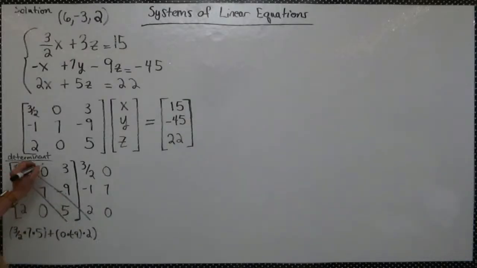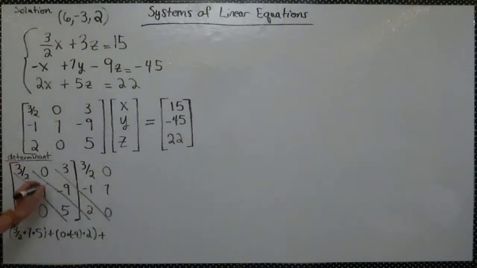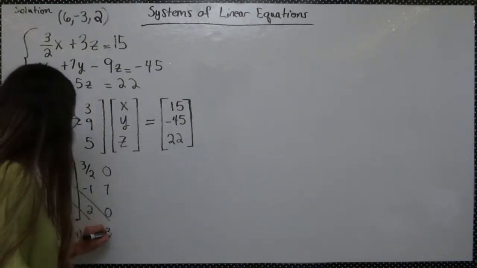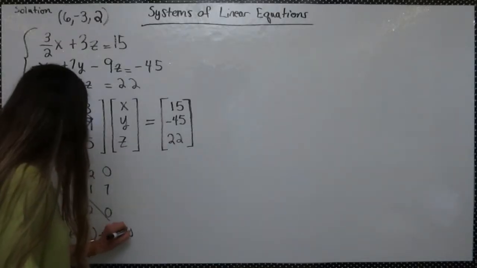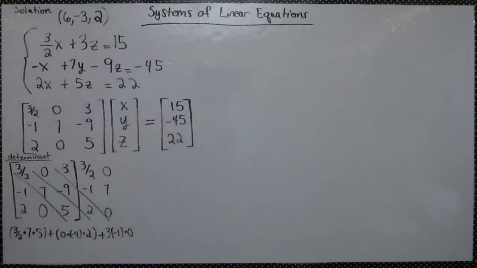And then we're going to use this column now. And we're plussing all of the forward slashes. So 3 times -1 times 0.